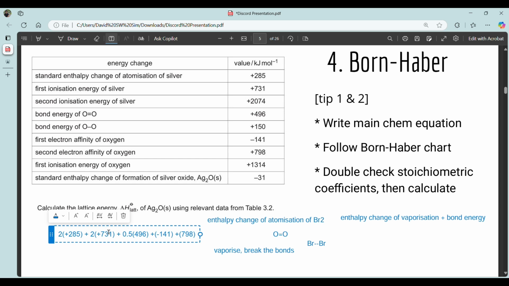So what I always recommend is adding the sign within the bracket, like 2 bracket plus 285 plus 2 bracket plus 731. I always recommend writing it out this way so that it is easier to see all the positives and negatives, so that you're less likely to press the wrong number into the calculator.